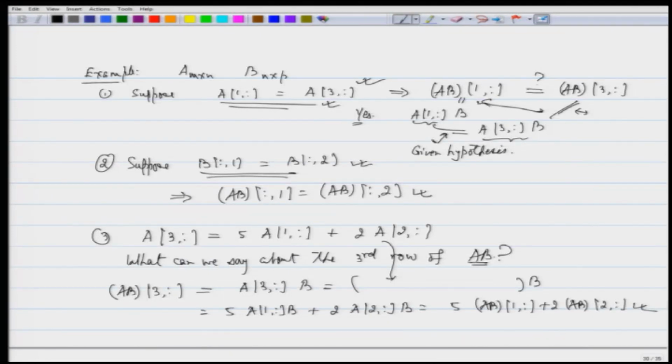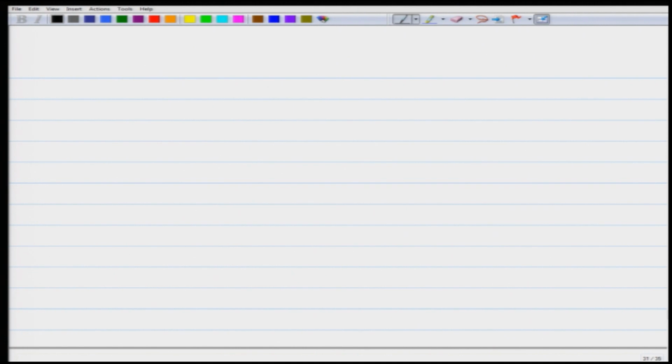Not only that, the same idea will tell you that if I have a matrix A which is n cross n, and suppose its fifth column is the same as 4 times the first column plus 5 times the second column, then what will happen to BA?